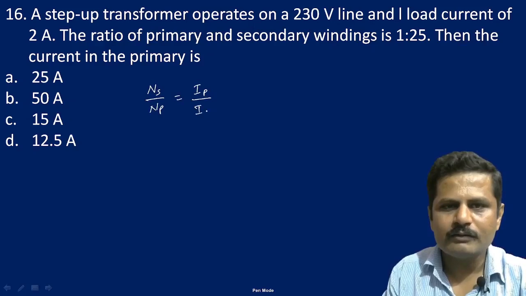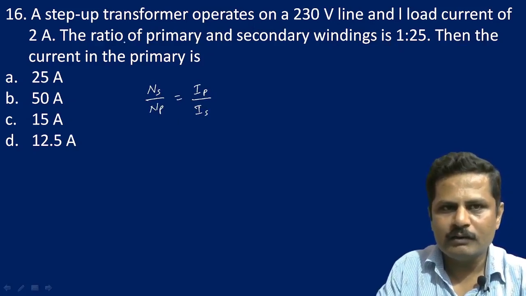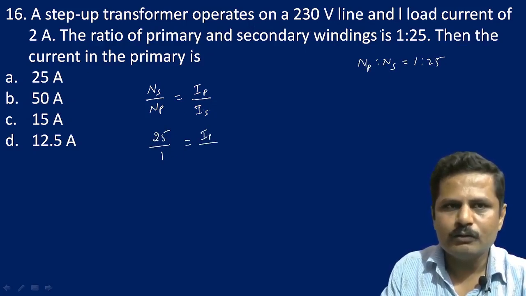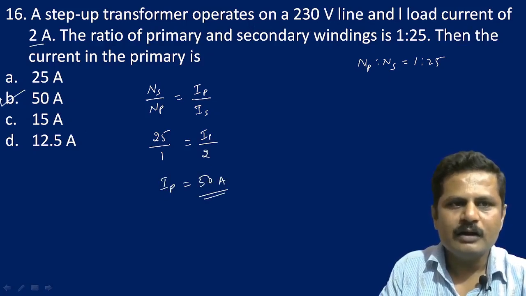Here Np is to Ns is 1 is to 25, that is, Ns is 25 times and Np is 1 time. This equals Ip divided by Is, where Is is the load current, that is 2 ampere. Just cross multiply, and you will get Ip, the current in the primary coil, equals 50 ampere. So option B is the right answer.